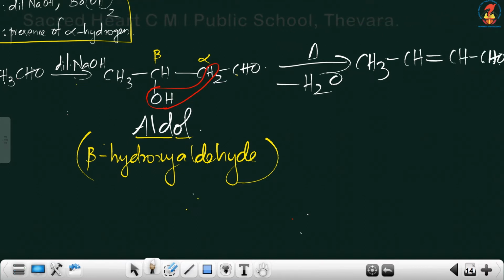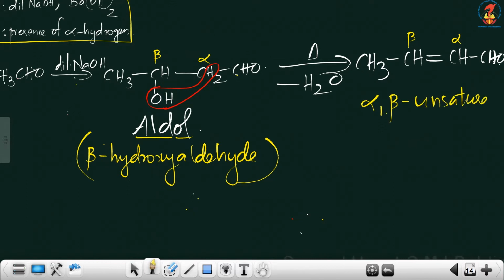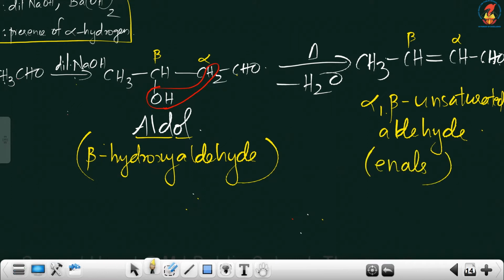So the first product we are getting is aldol. Aldol undergoes condensation. So the condensation product is known as, this is our highest priority functional group, this is alpha carbon, this is beta carbon, so this is alpha beta unsaturated aldehyde, or called enal.